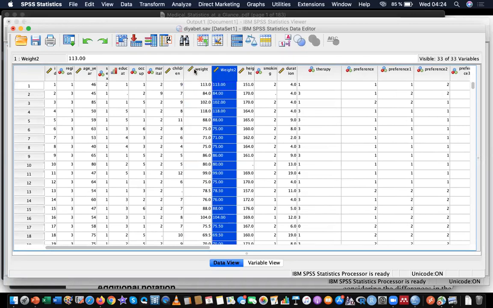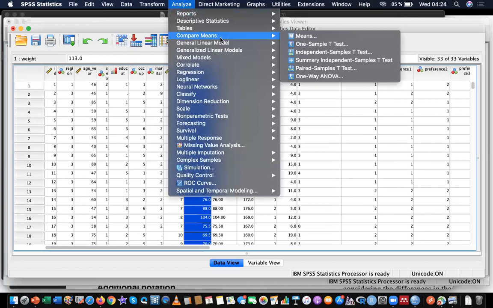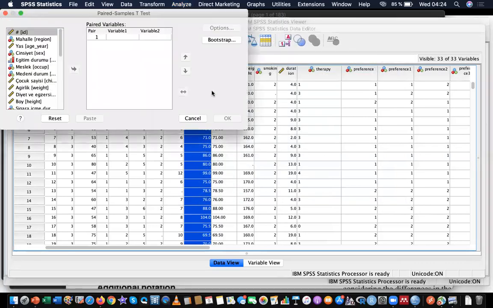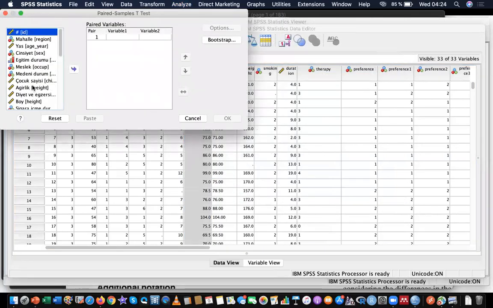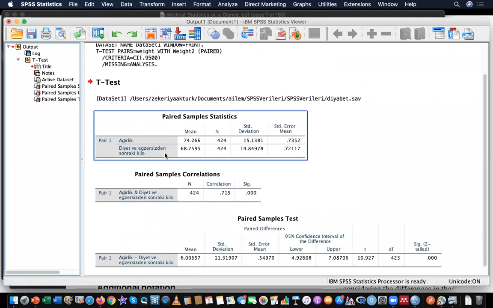Weight, as you know, is numerical data. And if I made two measurements of weight, I can do the paired samples t-test, which is compare means, paired samples t-test. Let me select the two weights, weight and weight after. Click OK. That's very easy to do with SPSS.